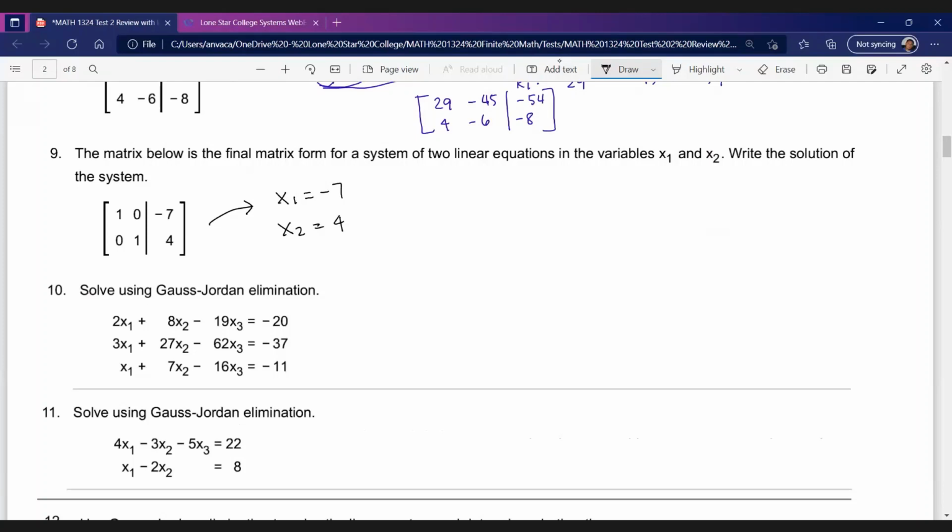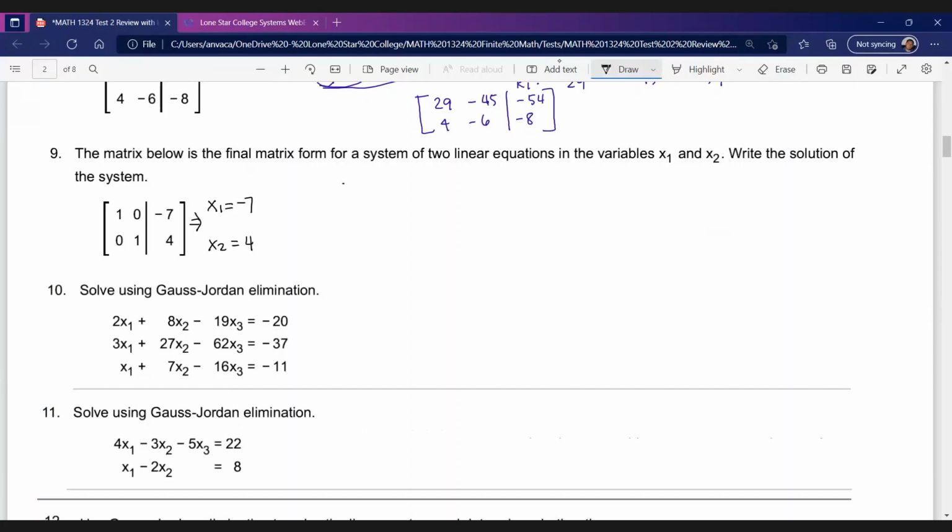Number 10. It says to solve the system using Gauss-Jordan elimination. So maybe I should erase this because I'm going to need a little bit more room here. So what we're saying here is, back to this example, x1 is equal to negative 7 and x2 is equal to 4.